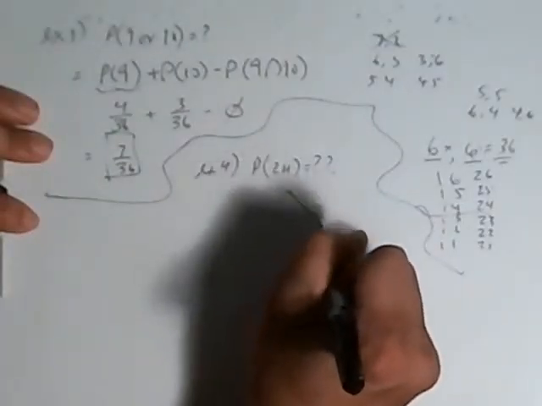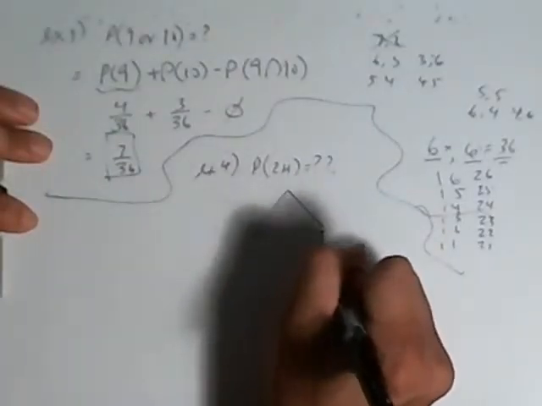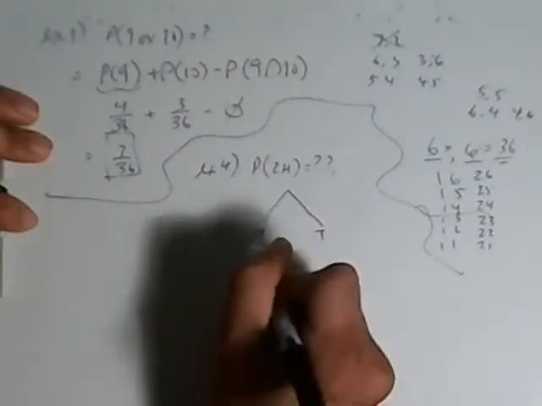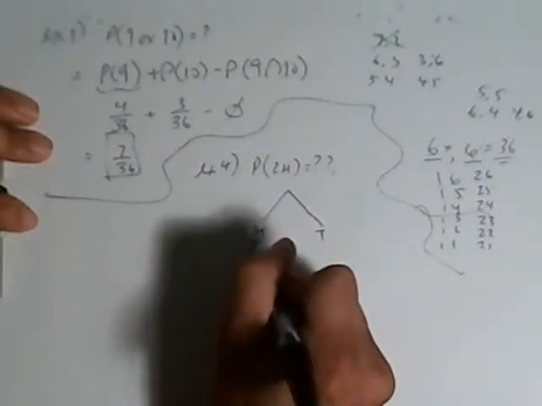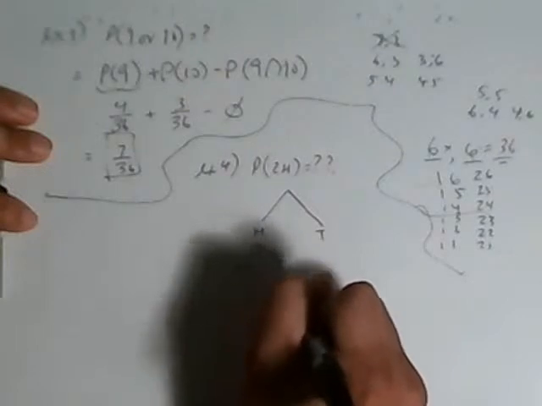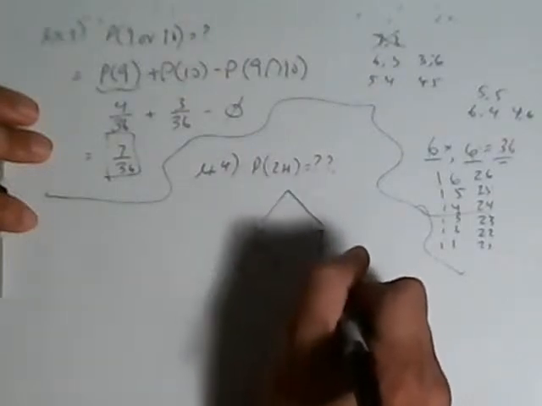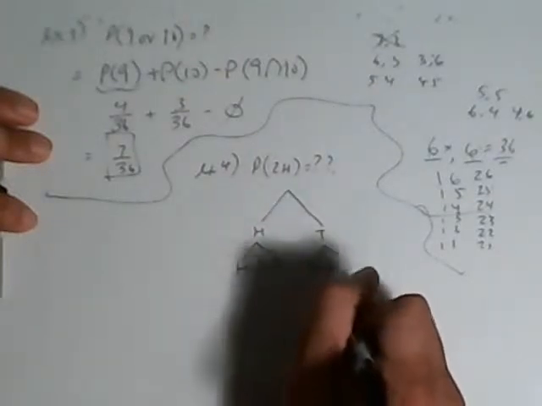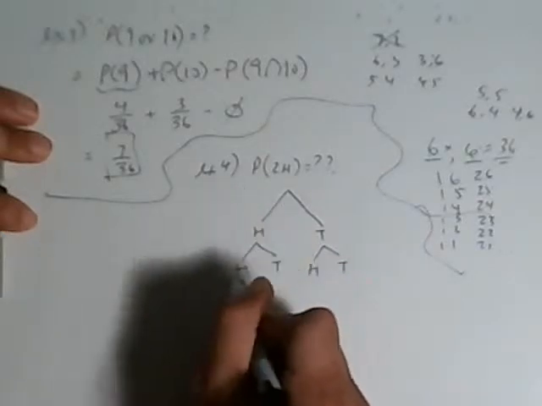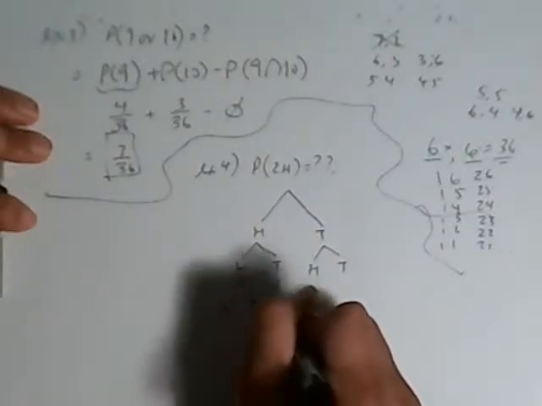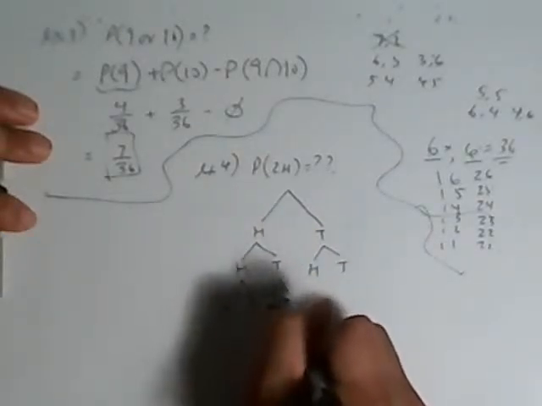On the first toss, you can either have heads or tails. On the second toss, after the heads came out, it could be heads or tails. If the first toss came out to be tails, it could be heads or tails. And then the third toss is going to be heads or tails on each one of these other events.